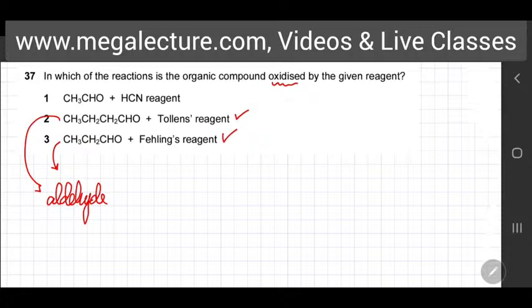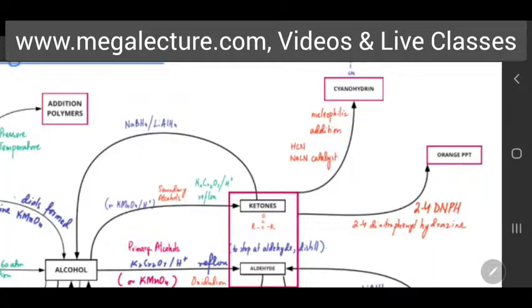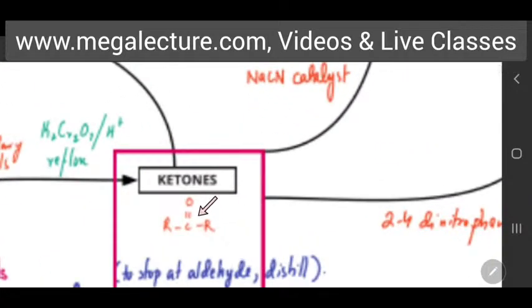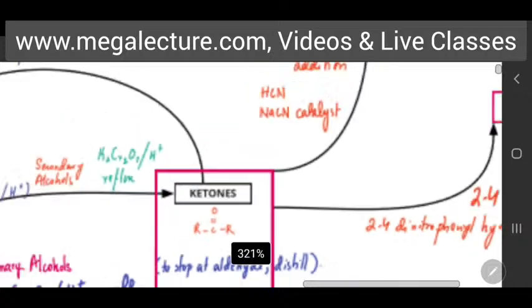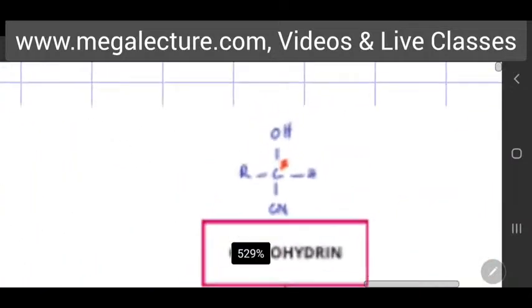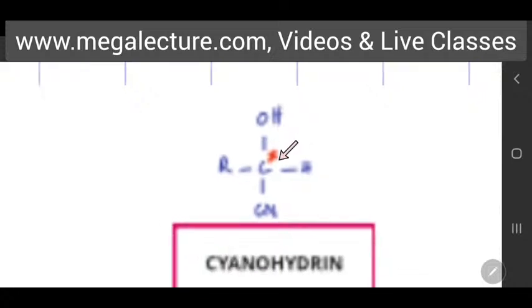This one, number 1, is nucleophilic addition. It's not a redox reaction. So nucleophilic addition is that if you have a carbonyl compound, it's got C double bond O, ketones or aldehydes, if you add HCN, you get nucleophilic addition. And what happens is that carbon that was previously making a double bond with oxygen will now turn into an alcohol, and it will have a CN attached to it.